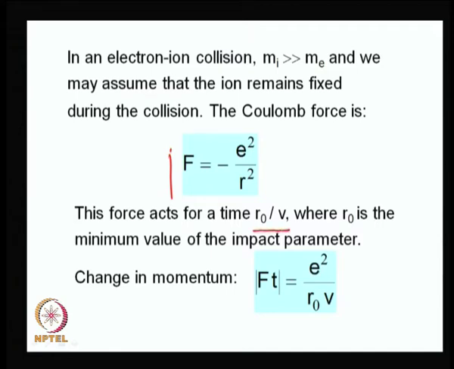So, the change in momentum is just the average force multiplied by the time. You multiply e squared upon r squared by r0 upon v, and we can put r equal to r0 there. So, this is the change in momentum, e squared upon r0 v.